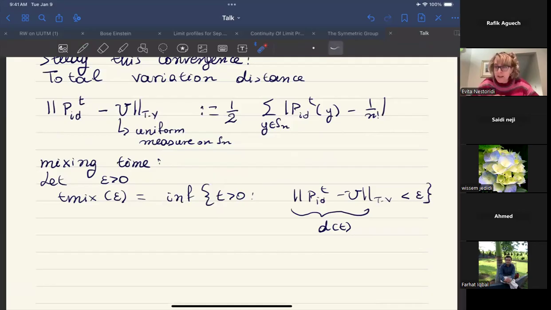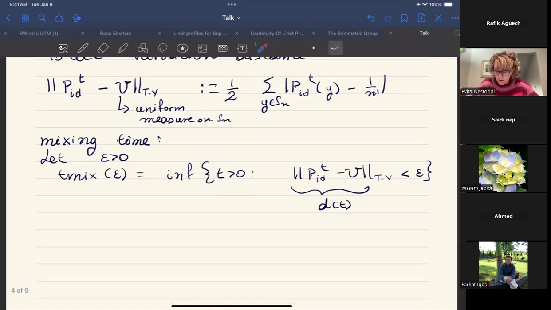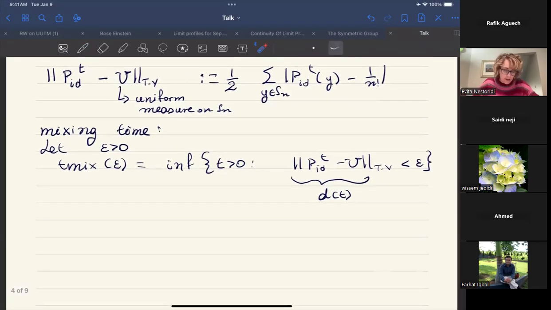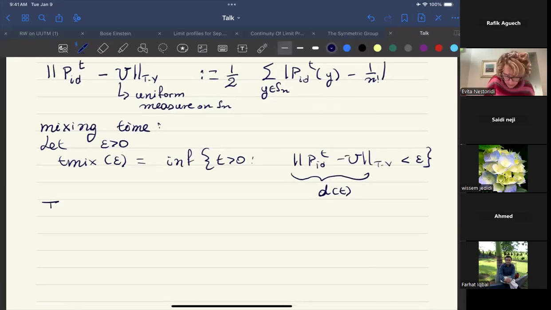And with that being said, I can now write the theorem of Diaconis and Shahshahani so that you see what a theorem in mixing times looks like precisely and not just in English.